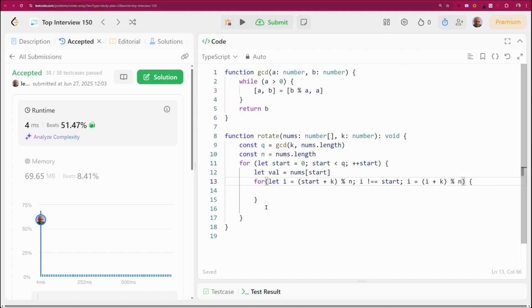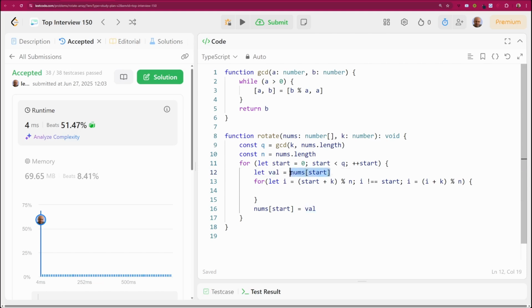Okay, but after we are done, so that I don't forget, after we are done, I have to take nums start and assign value to it. So value will be the previous value, the value from the last spot that we've visited, and we've memorized this value.